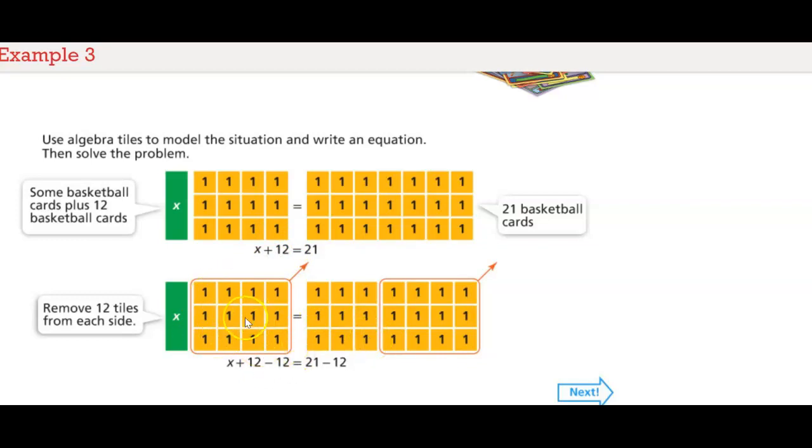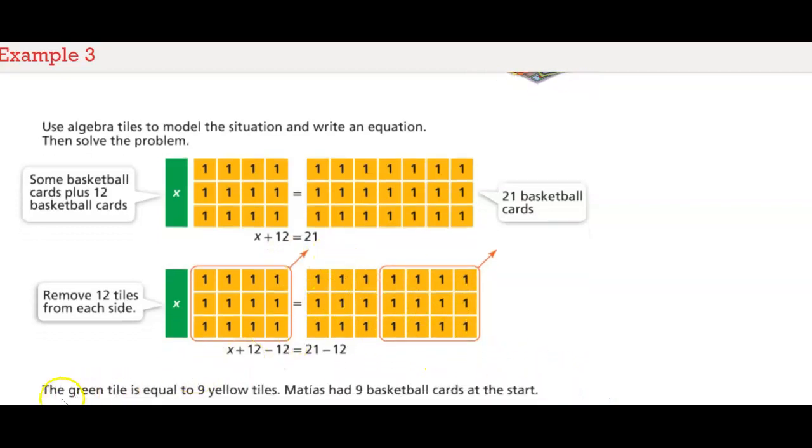So they took away 12 from here, and they also took away 12 from this side. So 21 minus 12 is equal to 9. And so the green tile is equal to 9 yellow tiles. So Matthias had 9 basketball cards at the start.